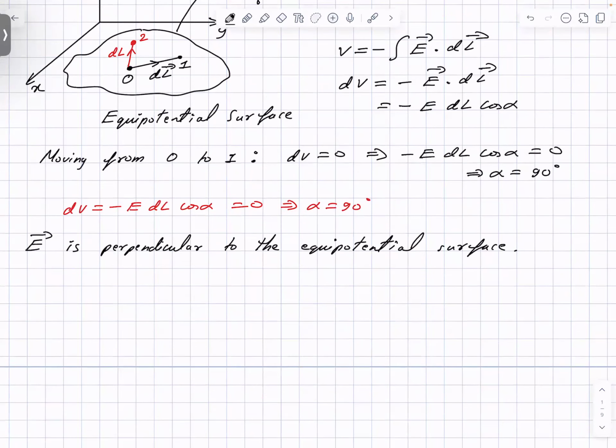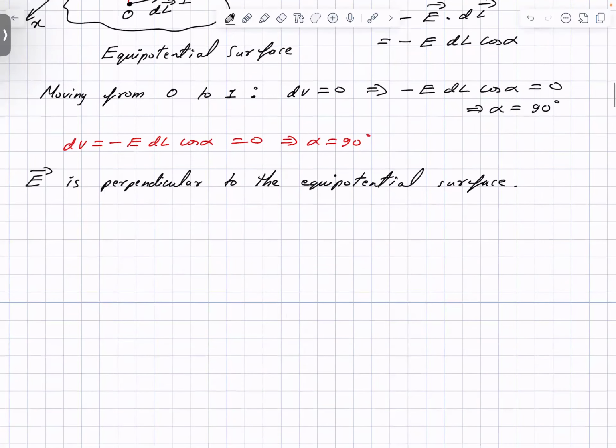Now, what we're going to do next is the final topic in this chapter: energy in the electric field.